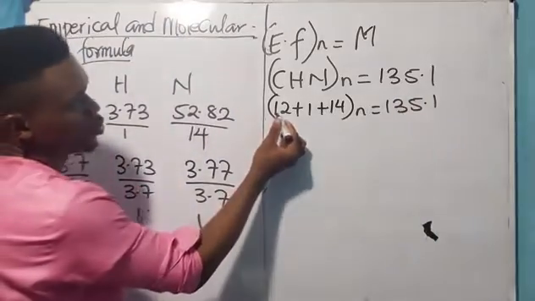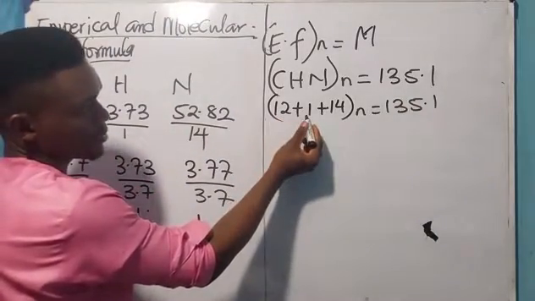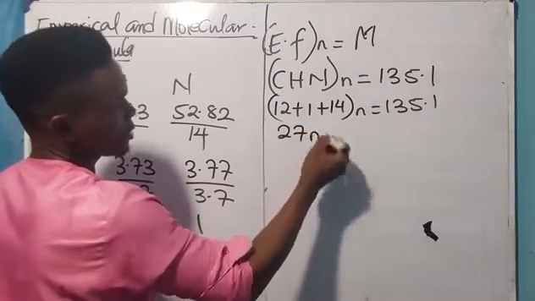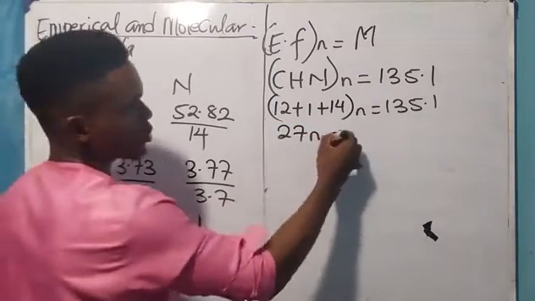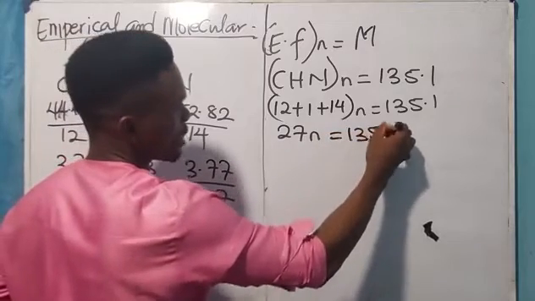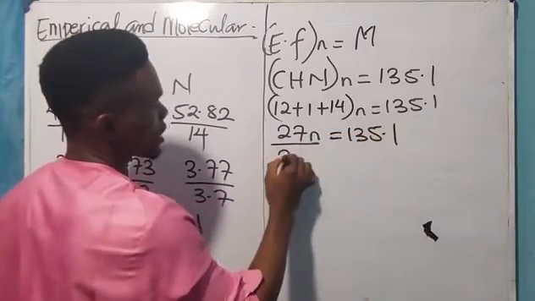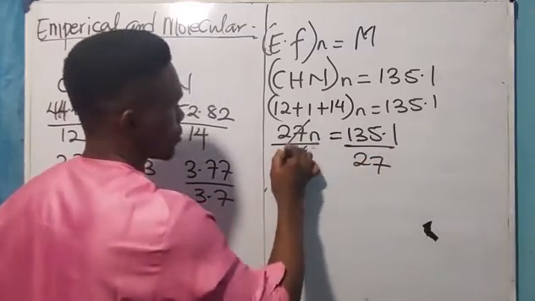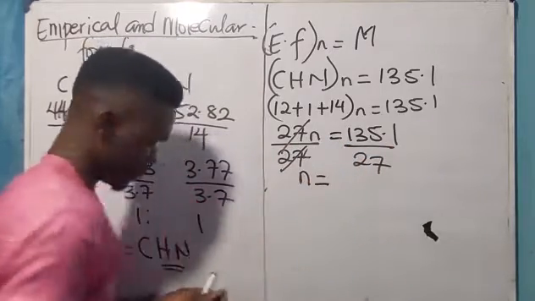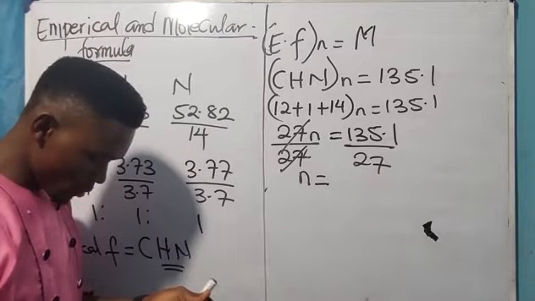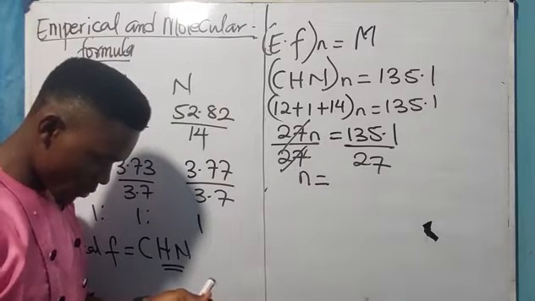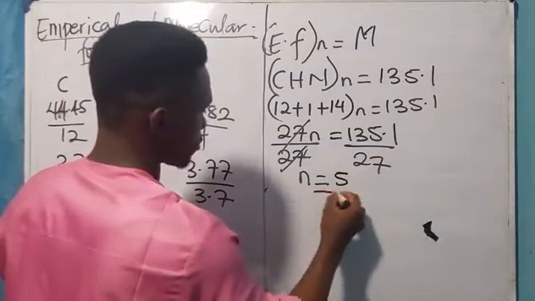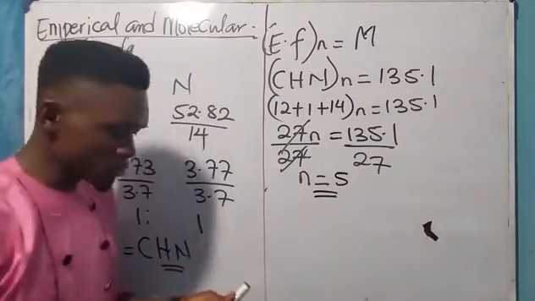Alright, 12 plus 1 is 13, and 13 plus 14 is 27. So 27n equals 135.1. Divide both sides by 27. n equals 135.1 divided by 27, and I have it to be 5.